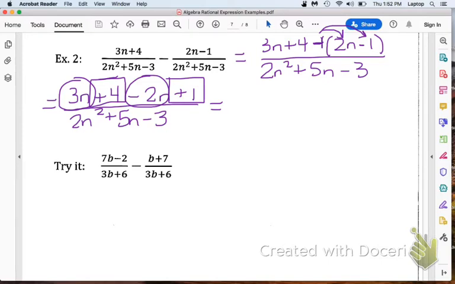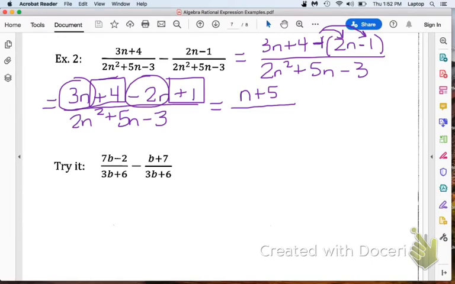Good old typing errors. All right, so 3n minus 2n is simply going to be n. 4 plus 1 is 5, so n plus 5. And then what we would do is look for, I guess we want to use a factor fish, to get the factors of the denominator.